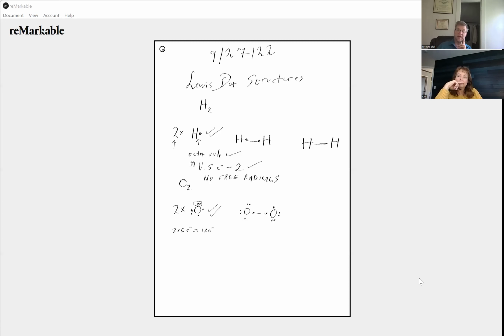Unless you happen to have an extended octet rule, which is beyond the scope of this class, lone pairs do not bond. So, do not try to form a bond between this lone pair down here and the unpaired electron.